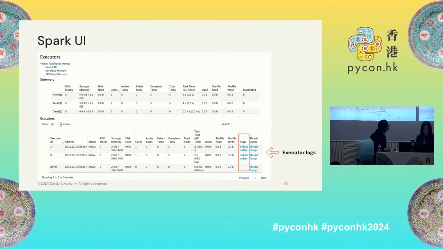So here is the executors tab on the Spark UI, and you can see very detailed information about each executor, including the memory usage, the CPU cores, and task metrics. For Python UDF debugging, the standard out and standard error logs in this tab are particularly useful. These logs capture the output of the Python worker processes, making it much easier to identify issues with the UDF executions.